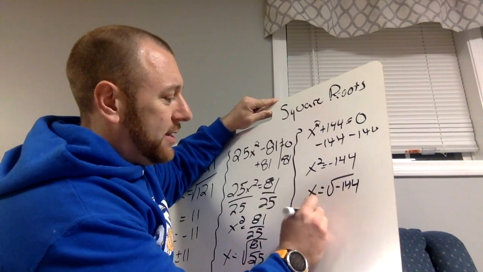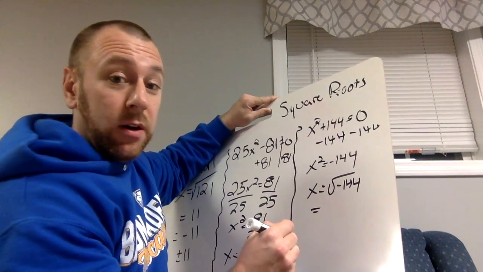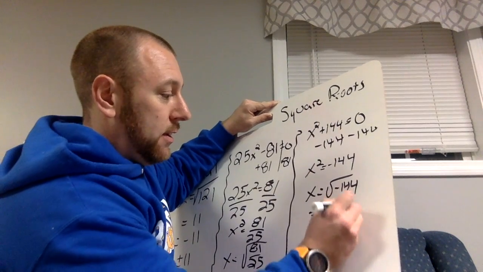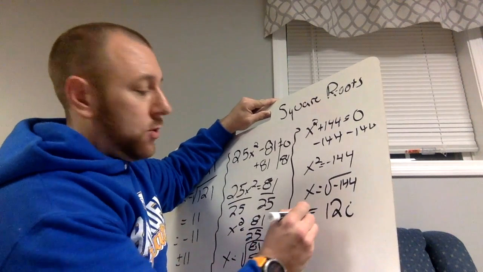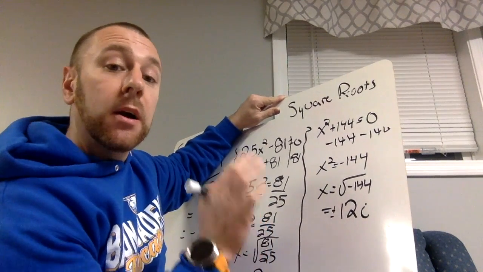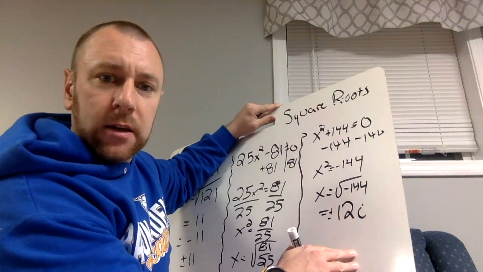So this actually, if you remember back to right before our building closed, was 12i. Okay? So we would write it as plus or minus 12i, that imaginary number. Don't worry about that so much in this lesson. We're going to cover that later on.